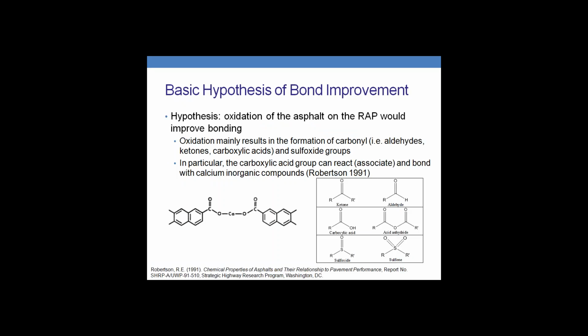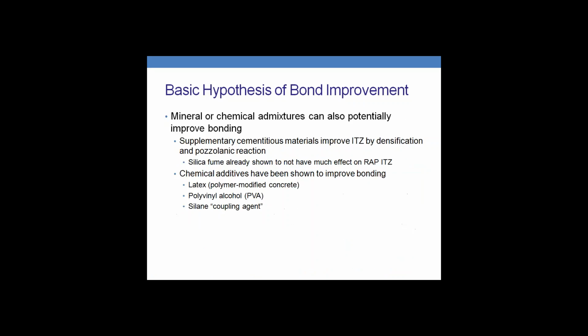But the literature tells us that calcium might be associating with those carbonyl groups. So perhaps if we further oxidize the asphalt, maybe we'll get a better bond. That's the basis of the hypothesis for chapter 3 in terms of where we took it.